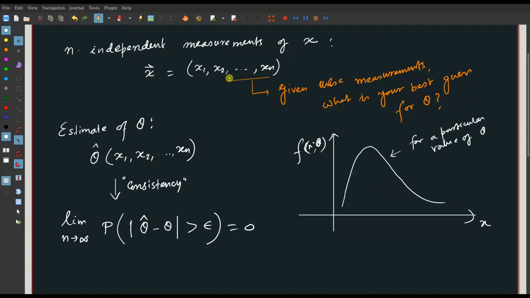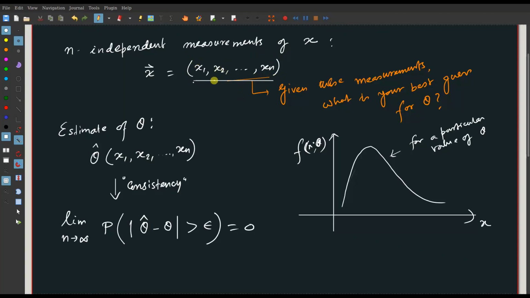But in reality, you never have the sample size to be infinity. You have just n number of data. This n can be large, but it is still finite. The experiment basically measures these n independent values of x.